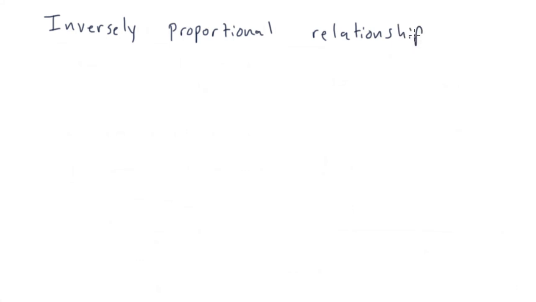Okay, so let's look at what an inversely proportional relationship looks like. So here we're not going to start with the ratio. But what we are going to start with, again, are two quantities. So we have quantity 1 and we have quantity 2.